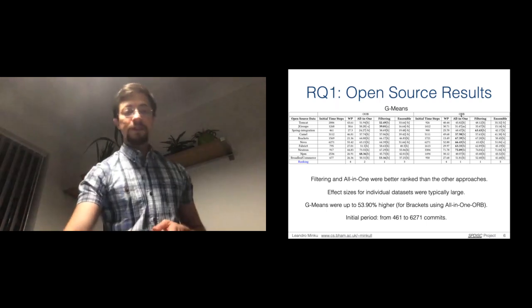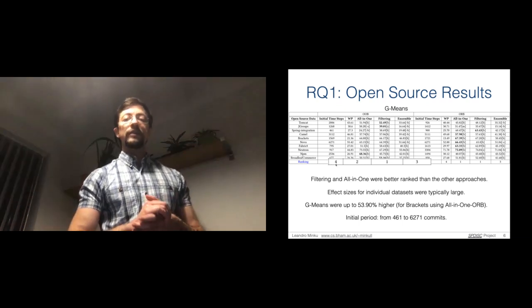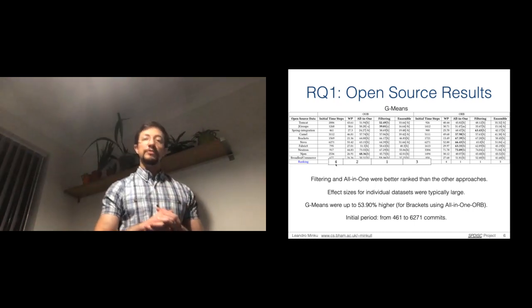We found that the filtering and the all-in-one approaches were better ranked than the other approaches, and in particular, the within-project approach obtained the worst rank. These ranks were produced based on Scott-Knott.